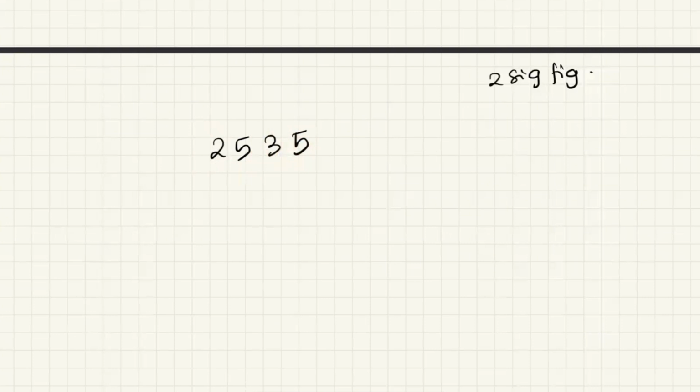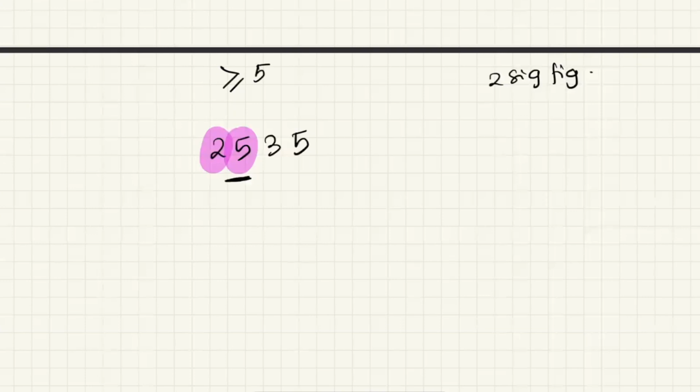So what do you do? Okay, first you want to make sure which are the numbers that you are not going to make 0. So these are the numbers that you are not going to make 0. That means this number you're going to make 0, right? So the last number that you are not going to make 0, you need to check the number to the right of it. If the number is equal to or more than 5, then you add 1 to the last number that is not going to be 0.